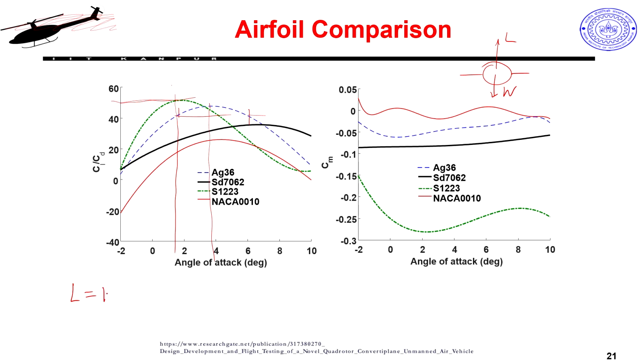Now, this lift is equal to weight, but it is also equal to half rho V square S into CL, right, and my CL I can write as CL alpha into alpha. How? Because most of these graphs will have some amount of linear portion, and I can approximate with this linear portion.